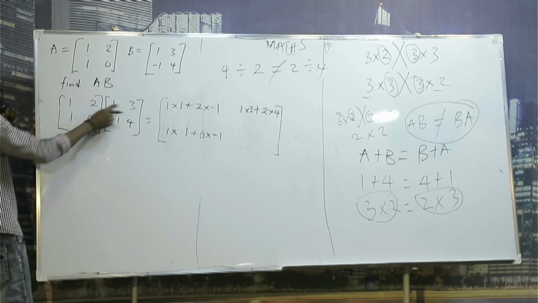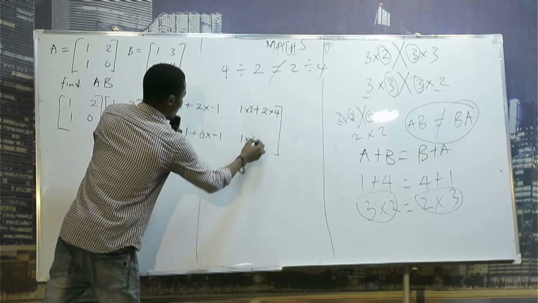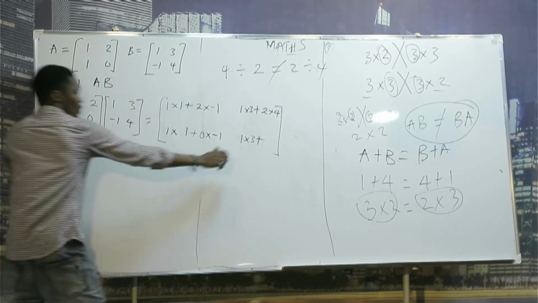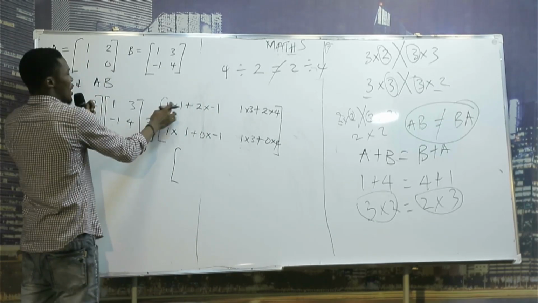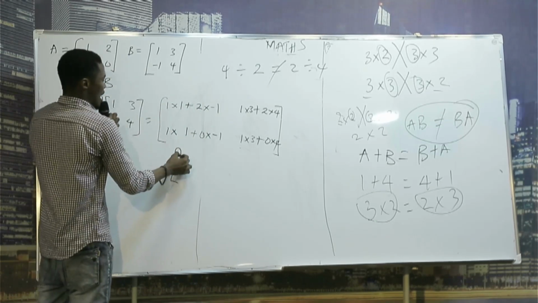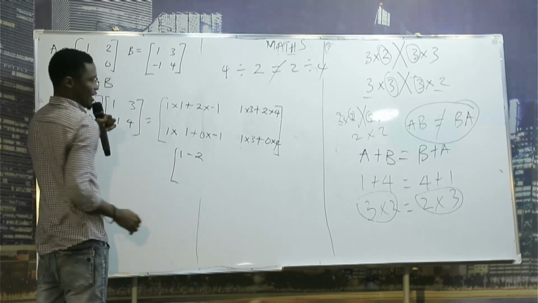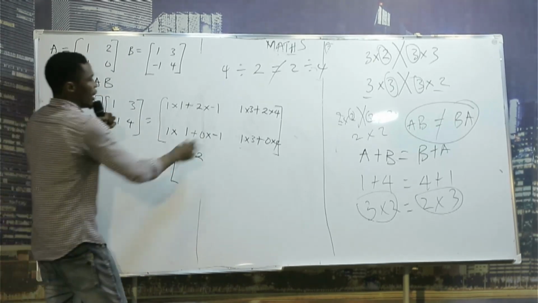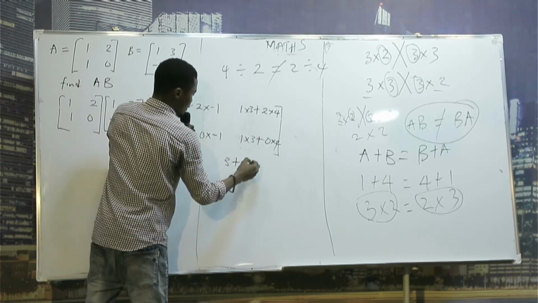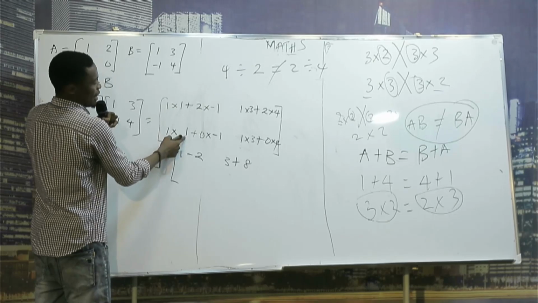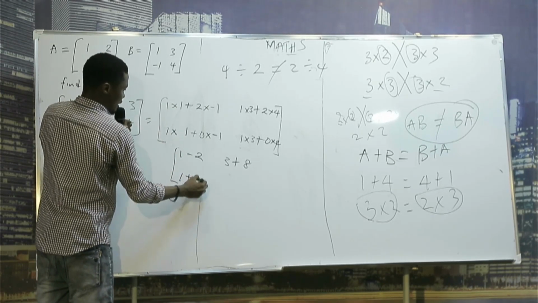Let's continue. 1 times how many? 1 times 3 plus 0 times 4, which is what? 0 times 4. Our final answer will be what? 1 times 1, 1. And then 2 times minus 1, minus 2. 1 times 3 plus 8. 1 times 1 plus 0, so 1 plus 0.